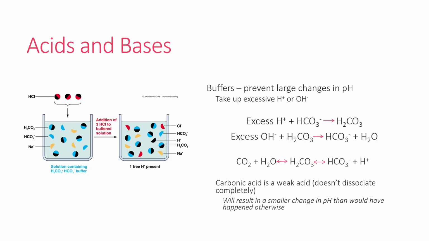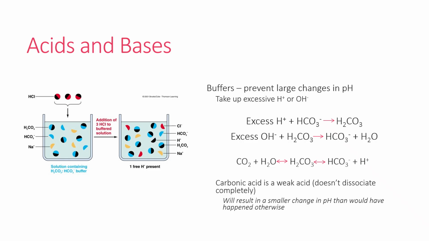So let's look at this in regards to carbon dioxide. We're constantly producing carbon dioxide in the body, and carbon dioxide is actually considered to be more acidic. Carbon dioxide will combine with water to form our carbonic acid.